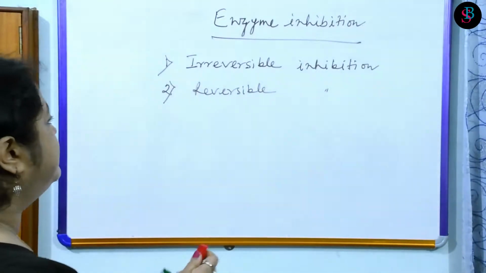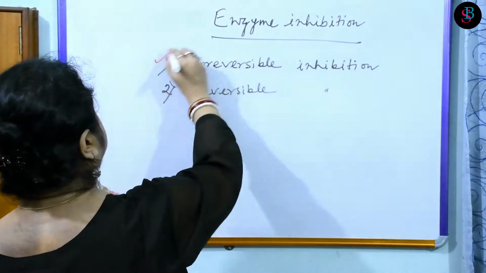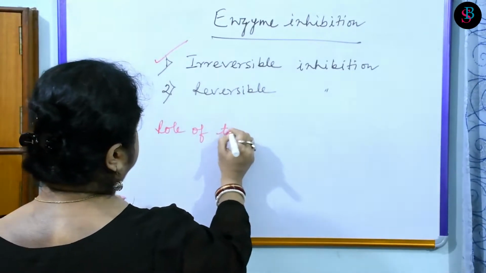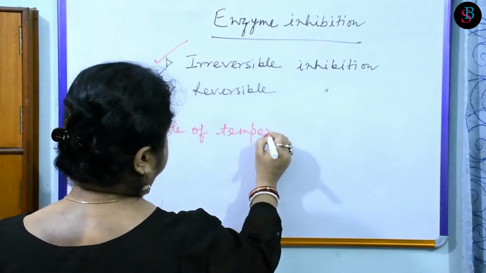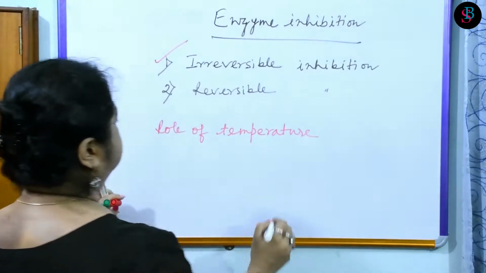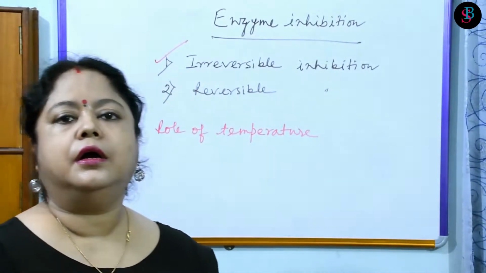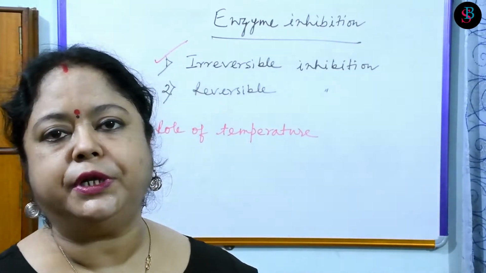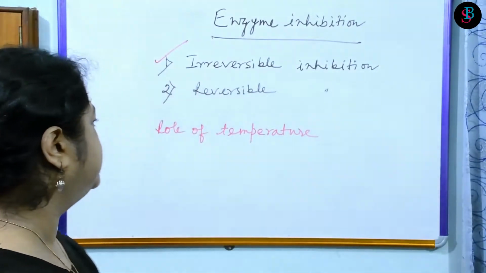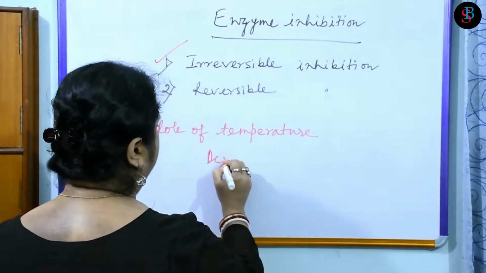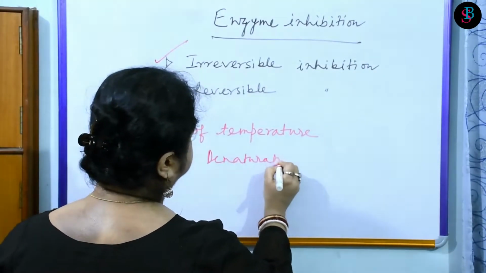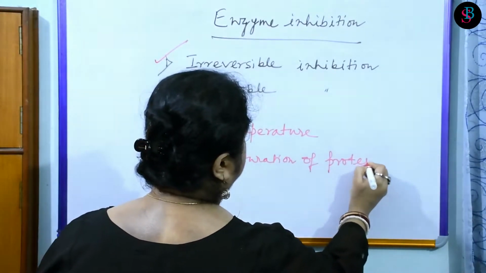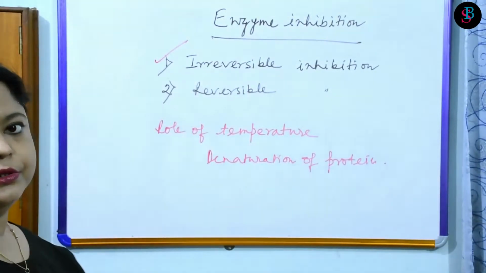In irreversible inhibition, there is the role of temperature mostly. Due to high temperature, the enzyme gets broken or degenerated, the protein gets denatured, and that is known as denaturation of protein. This can't be restored as it's permanent damage.